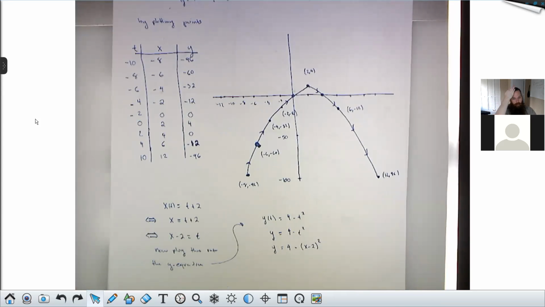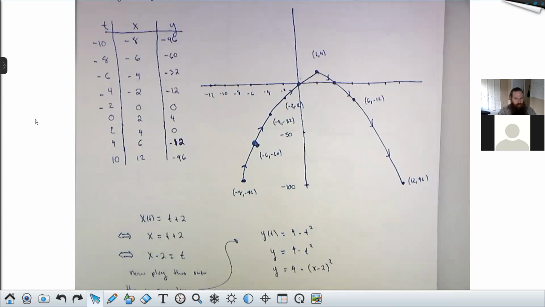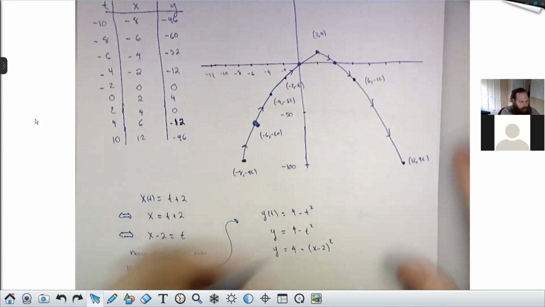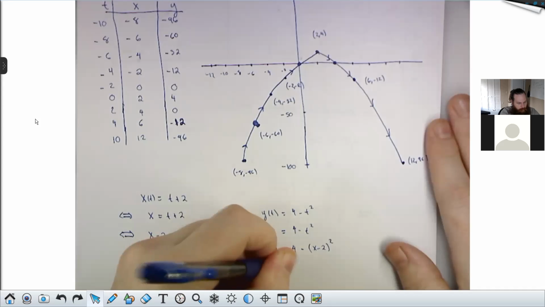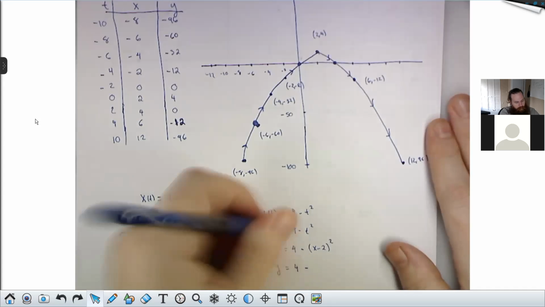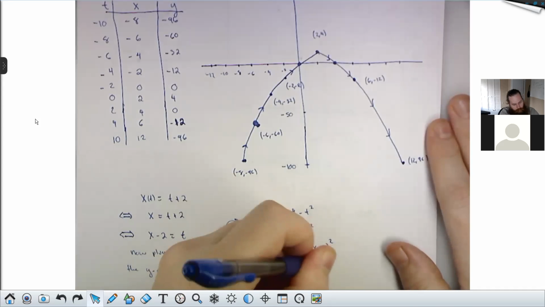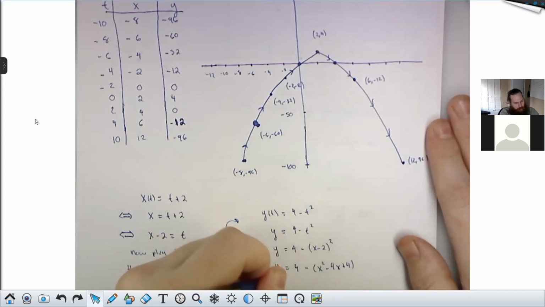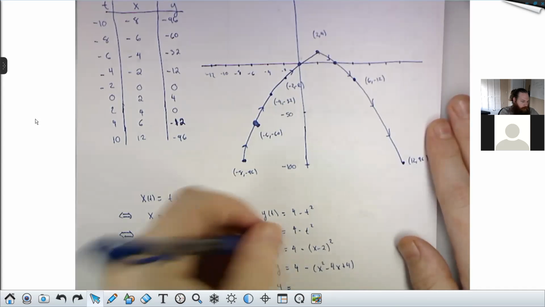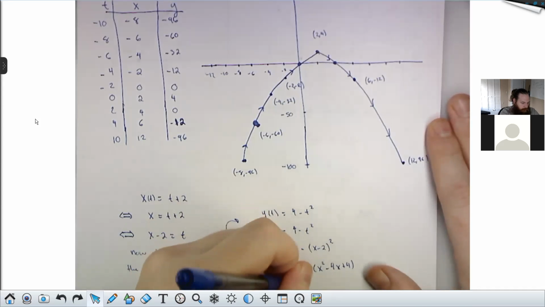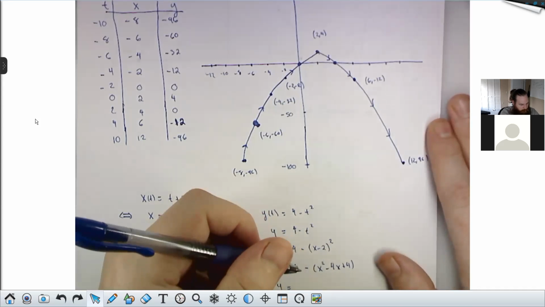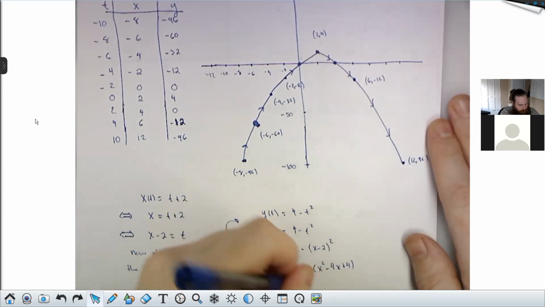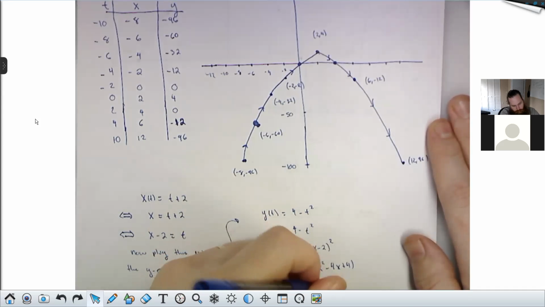And you've got yourself a quadratic in x and y. We could clean this up a little bit. This is y equals 4 minus (x squared minus 4x plus 4). So that's the same as y equals, the 4's will cancel. Let's see. Yeah, you get negative x squared plus 4x.